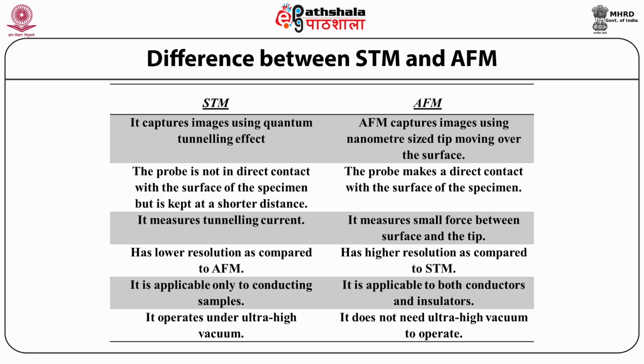STM measures tunneling current, but AFM measures the small force between the surface and the tip. STM has lower resolution as compared to AFM. AFM has higher resolution as compared to STM.